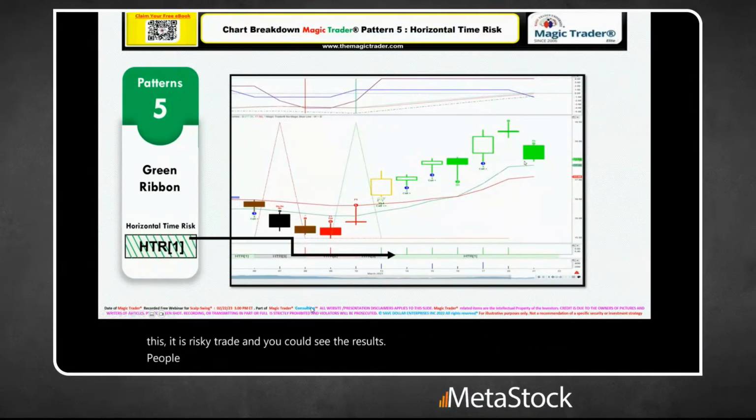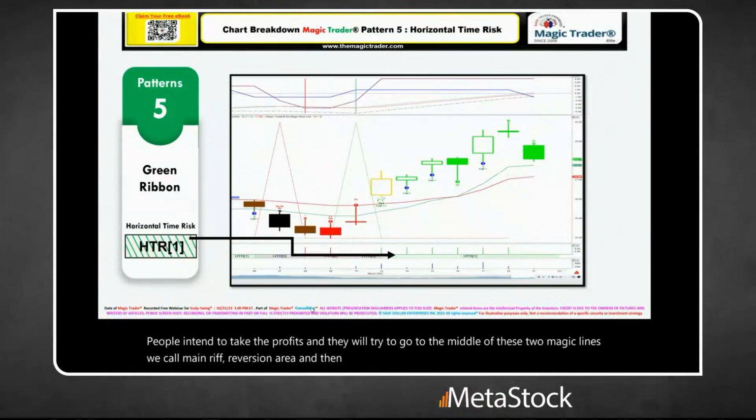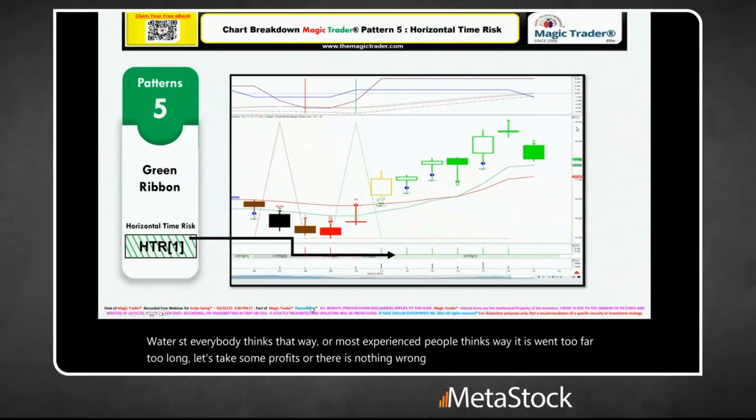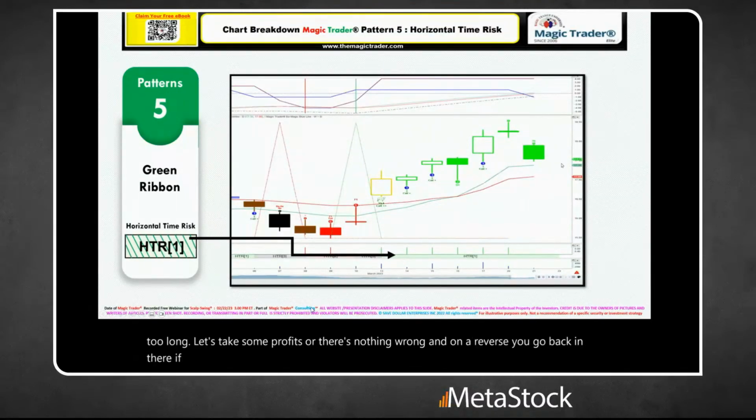People intend to take the profits, and they will try to go to the middle of these two magic lines we call the mean risk reversion area, and that's very natural happening on Wall Street. Everybody thinks that way, or most experienced people think that way. It went too far, too long. Let's take some profits, or there's nothing wrong. And on a reverse, you go back in there if things are lined up correctly.